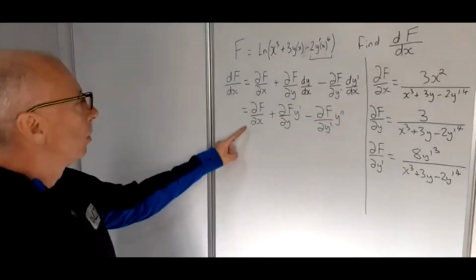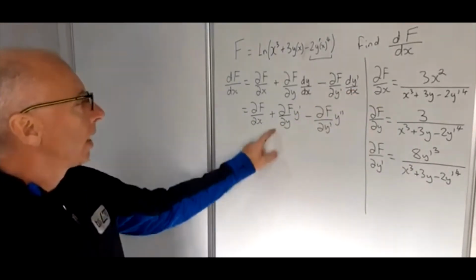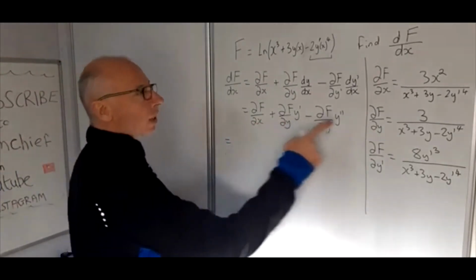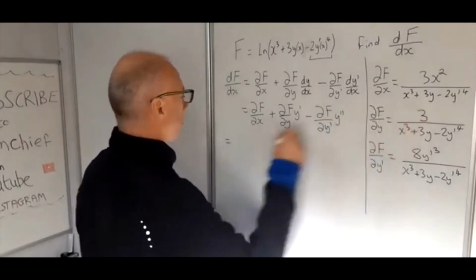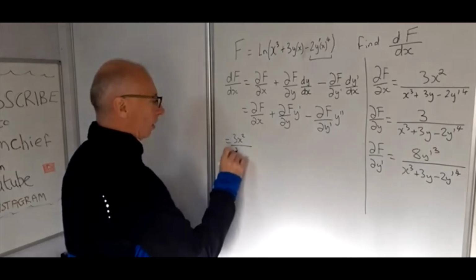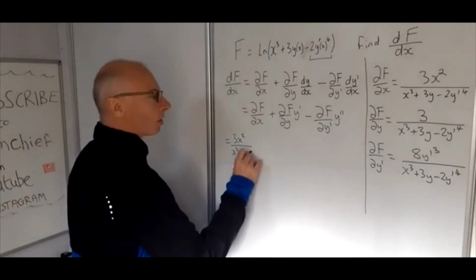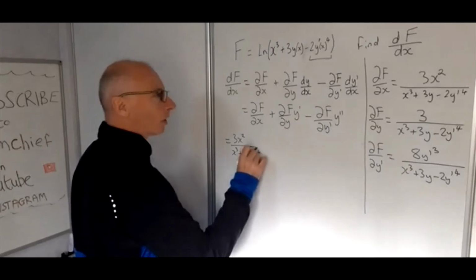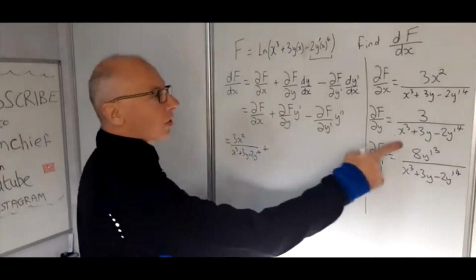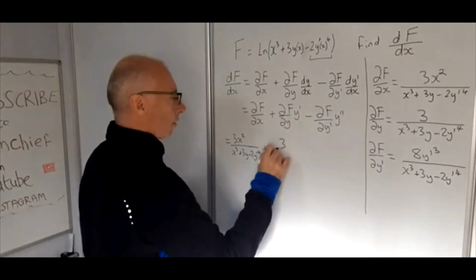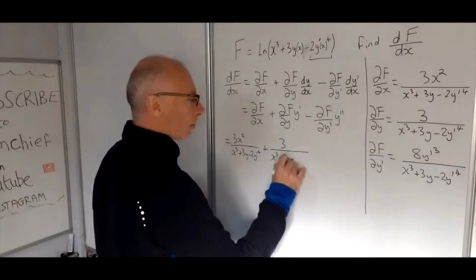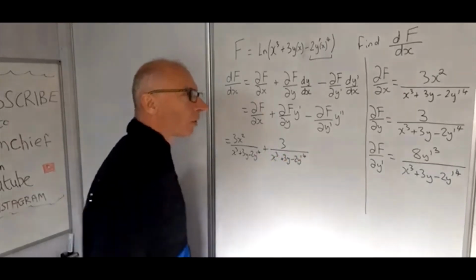Okay, so now what we've got to do is just plug these partials in here, and that'll give us our total derivative. Partial of f with regards to x, we've got 3x squared over x cubed plus 3y minus 2y prime to the power of 4. That's taken care of. Partial of f with regards to y, now we've got 3 over x cubed plus 3y minus 2y prime to the power of 4.